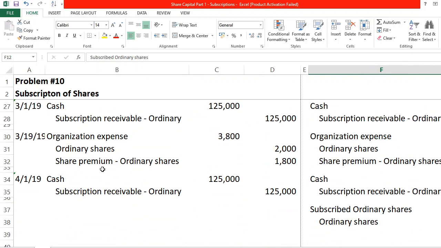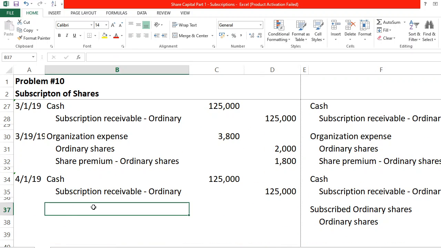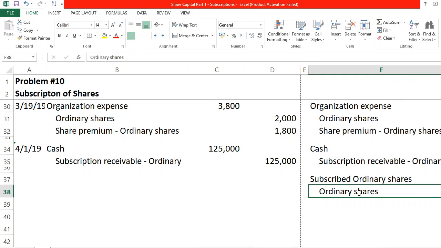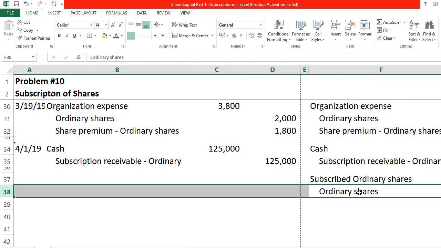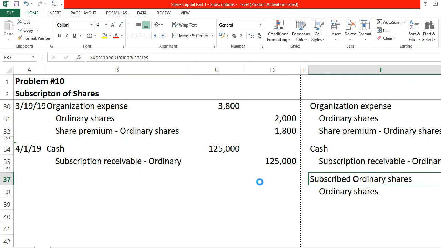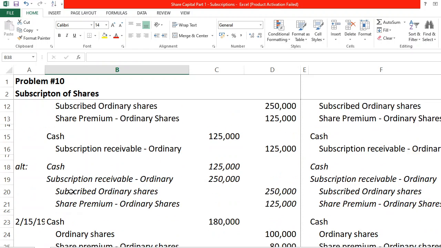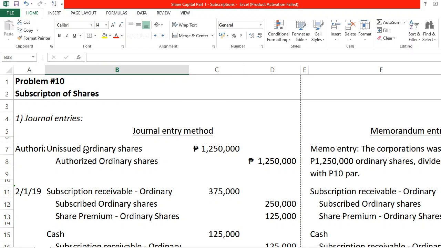Unsa ngano, day, ma'am, kung dinhi as a journal entry method, take note hindi po tayo nagme-maintain ng ordinary shares account. Wala pong ordinary shares account na mini-maintain si journal entry method. So, ang partner ni subscribed ordinary shares ato siyang i-close into what account man diay, ma'am. Ato ang gina-maintain is our unissued ordinary shares. Okay?